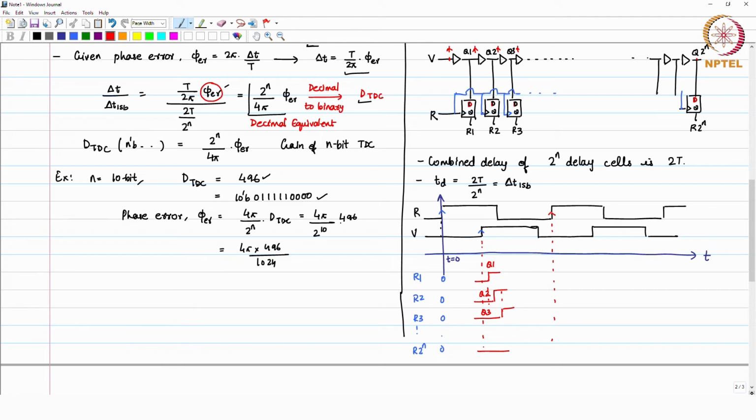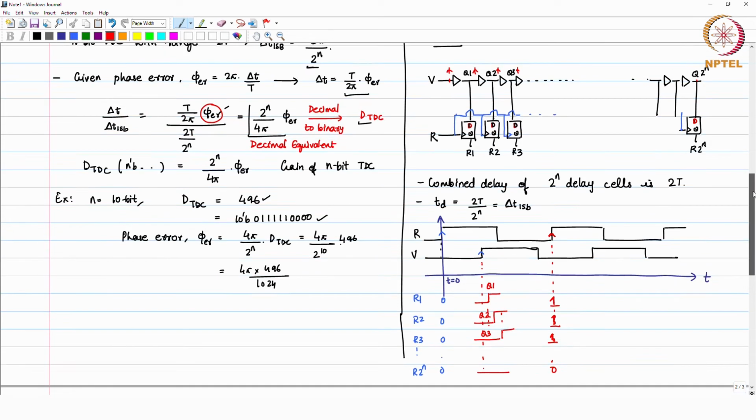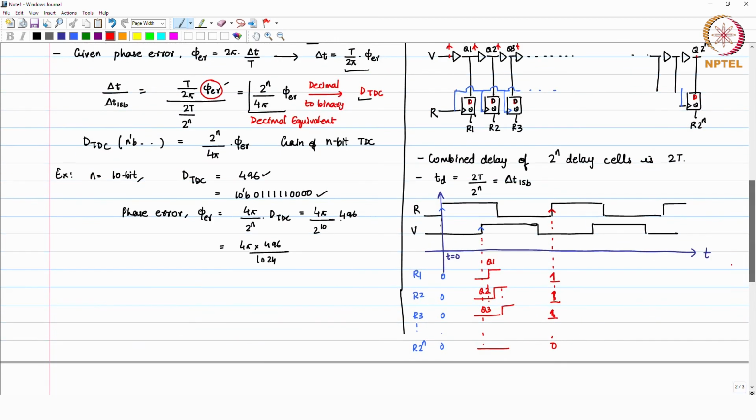When you get the next rising edge, R1 will be sampled as 1, R2 will be sampled as 1, R3 will be sampled as 1, and similarly R4 and other values will be sampled as 1, and some other values will be sampled as 0. So, you can think about the number of flip flops which will register value 1 at the next rising edge.